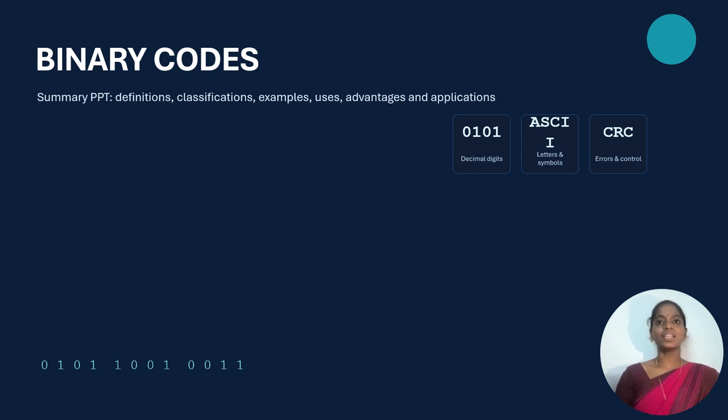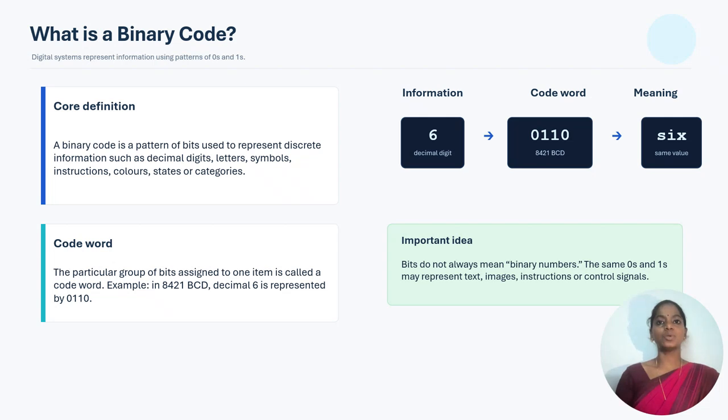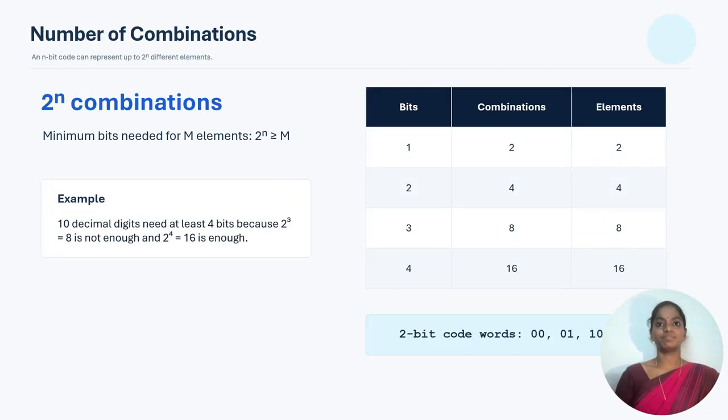An n-bit binary code can produce up to 2 power n different combinations. For example, consider the number of bits is 1 bit. Possible combinations is 2 power n, 2 power 1 is 2. And then consider the number of bits 2 bits.